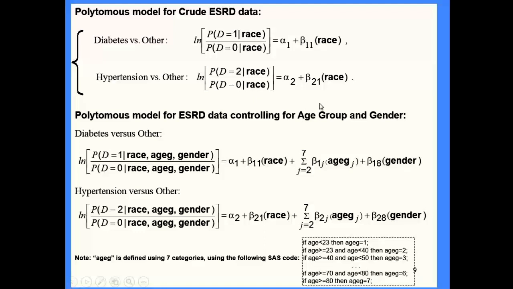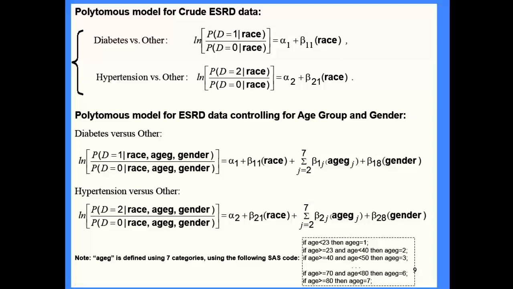So if somehow you were able to get a program to run these two models, these two components, it's really a single model that has two components, and you got estimates of these two betas and also these two alphas, you would ignore the alphas, because that's what you typically do when you're trying to get an odds ratio. You ignore the intercept, and if you go e to the beta 1 1 and e to the beta 2 1, how many odds ratios are you going to get? Two of them.